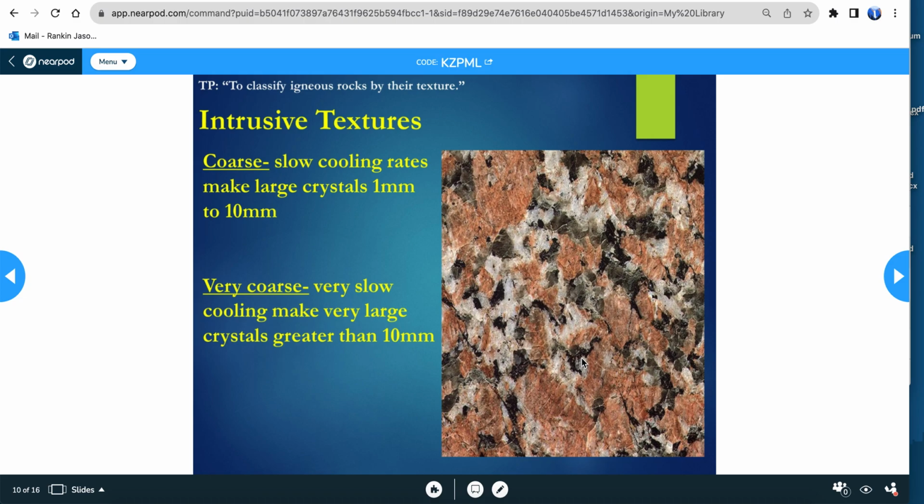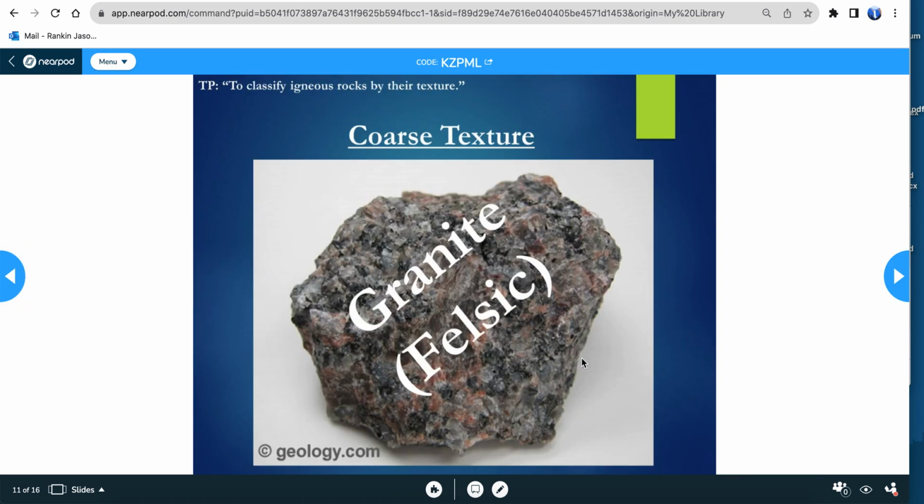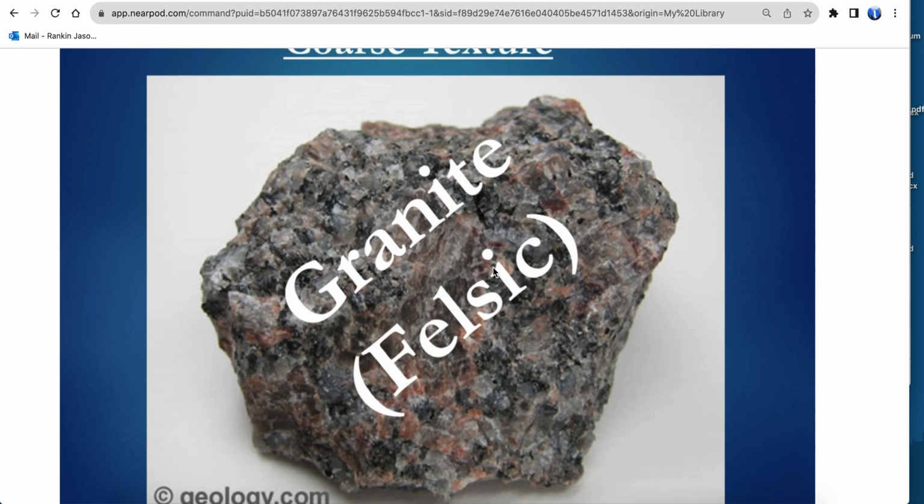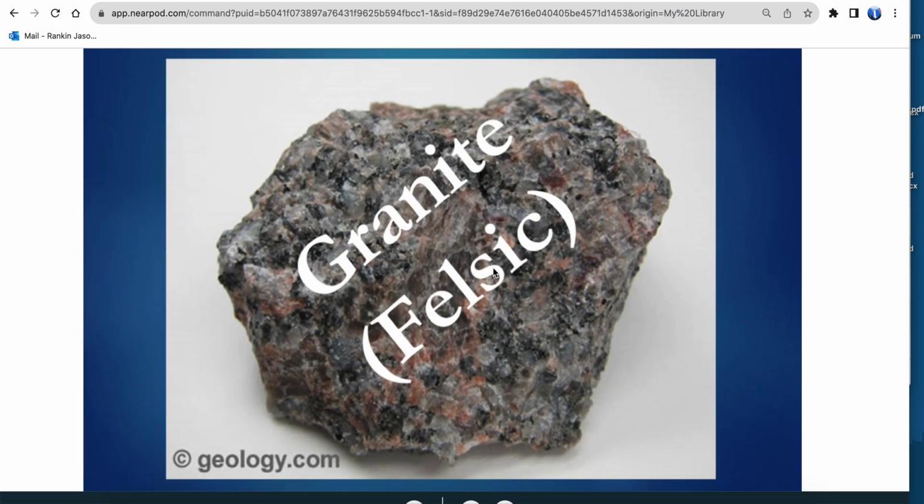All right, and here is what I mean. All right, so we have coarse textures. So we have granite, got some pinks in there, got some grays, got some whites, got some blacks in there. All right, we call this type of granite a felsic composition for granite.